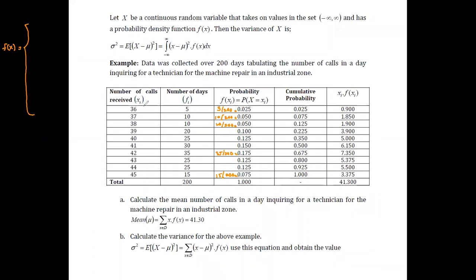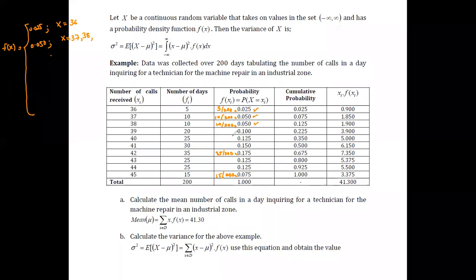When x equals 36, we get the probability 0.025. When x equals 37, we get the probability 0.050, and it is the same for 38 as well. Therefore, x equals 37, 38. We have finished these 3.